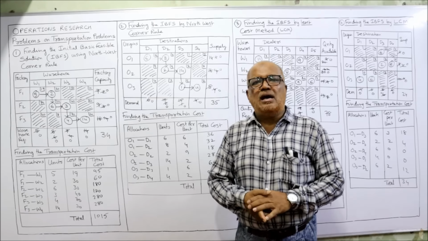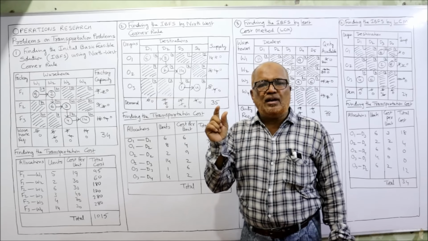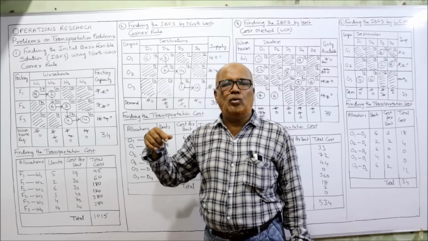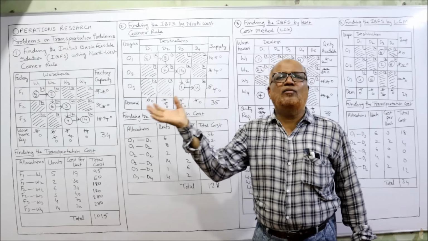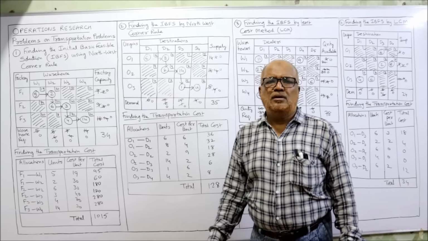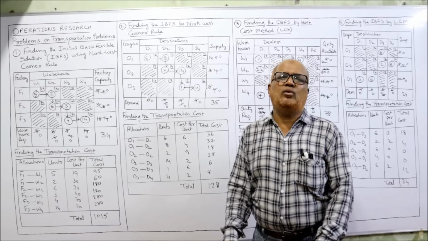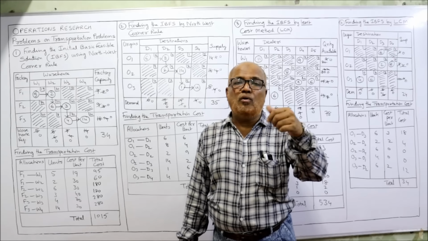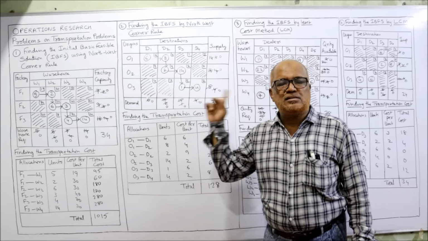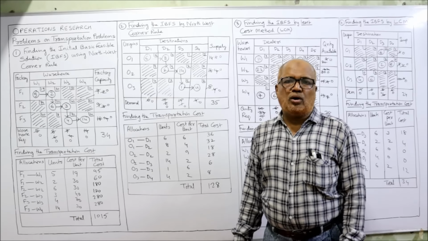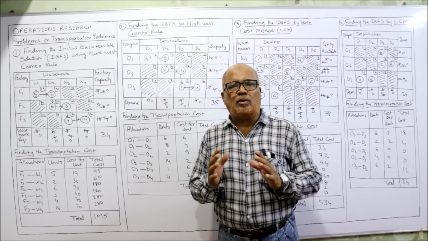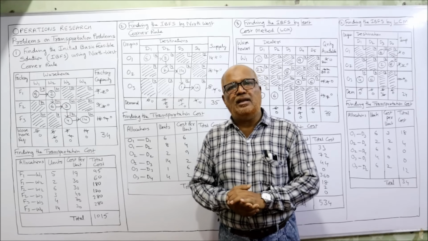Now, in examination, if it is specifically asking you to find out IBFS by northwest corner rule or least cost method, then only you follow. Otherwise, if the problem asks you to find out the IBFS, not mentioning which method to follow, then always go for VAM. Because VAM is much superior to the least cost method or northwest corner rule. So we will continue with the next problem, IBFS through VAM, in the next video.